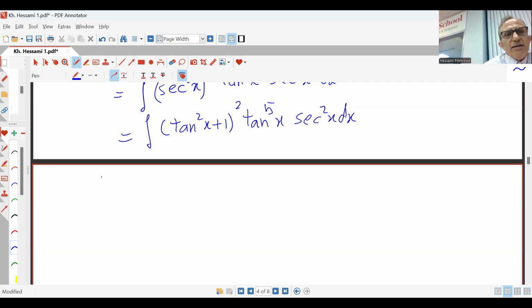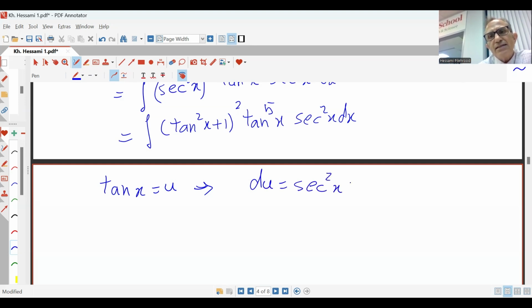Now we take tangent x as u. If we take tangent x as u, du will be secant square of x dx.